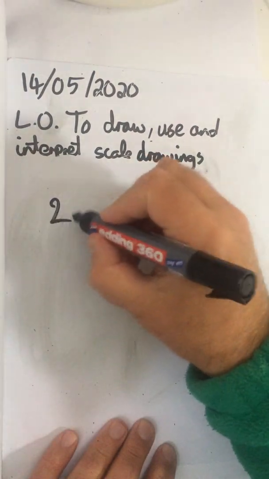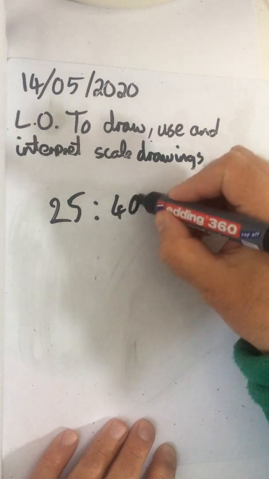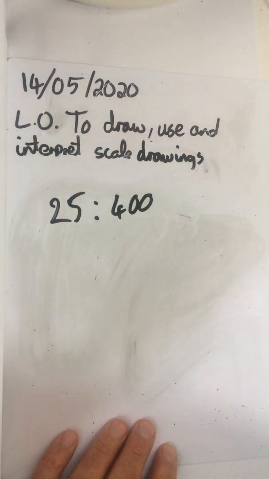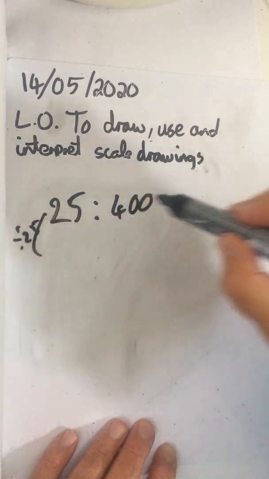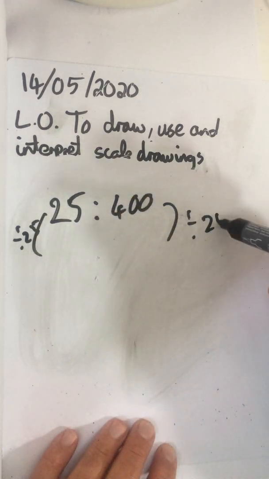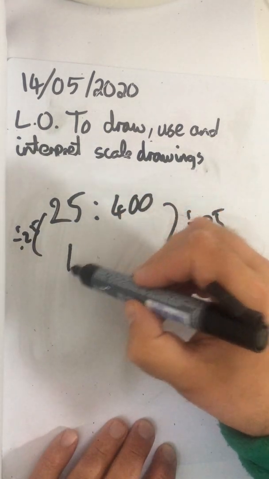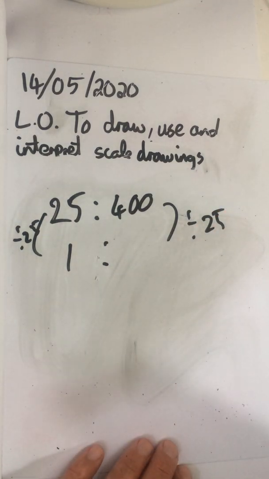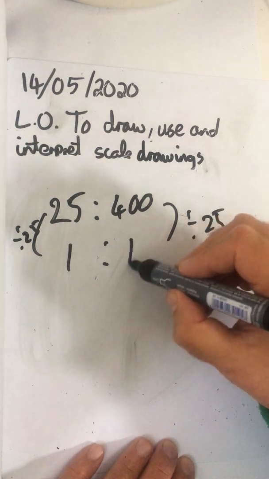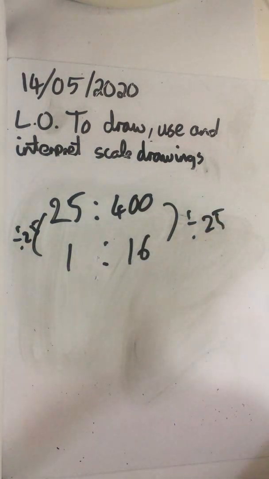Okay, you can have 25 to 400. Highest common factor, 25. Divide both by 25, so that would give me 1. How many 25s in 400? I think that would be 4 times 4, 16. 1 to 16. Let me just check. Yeah, pretty sure that's all right.